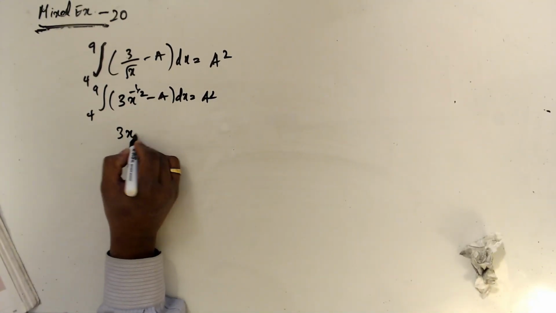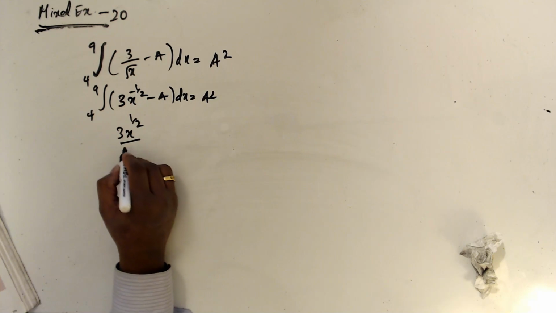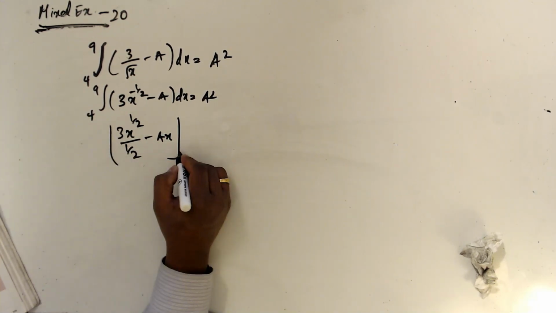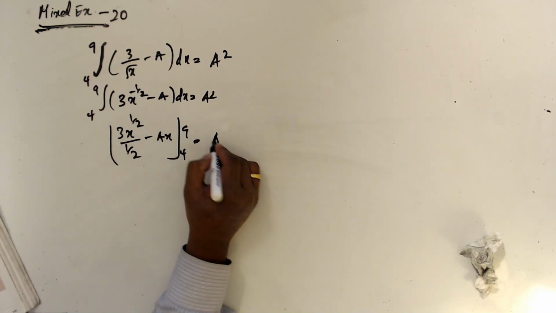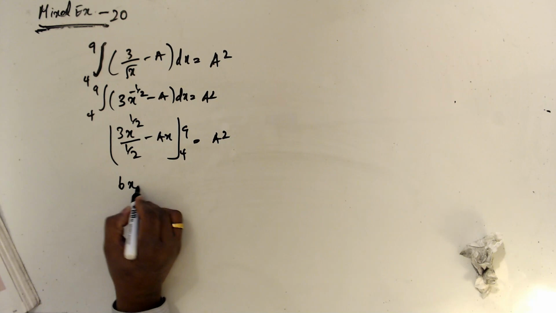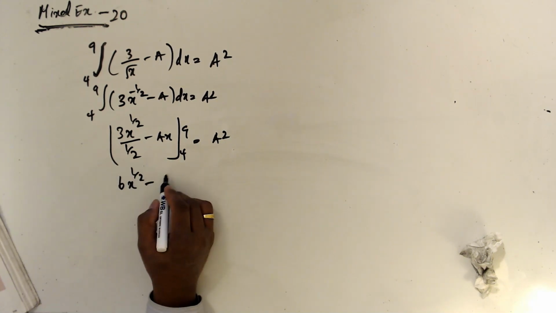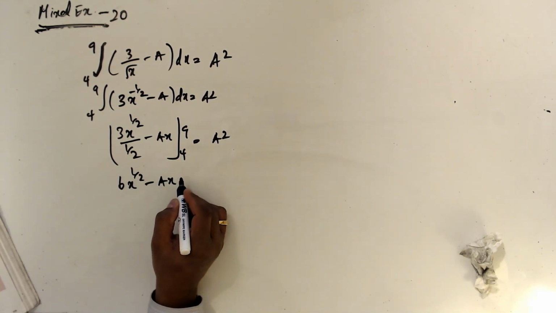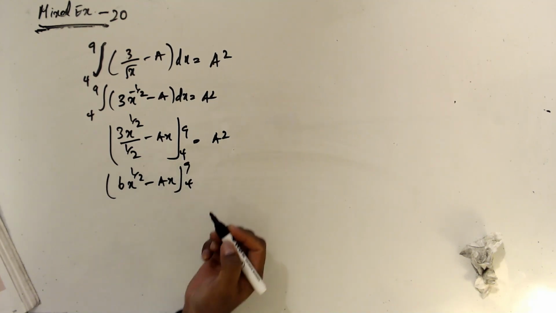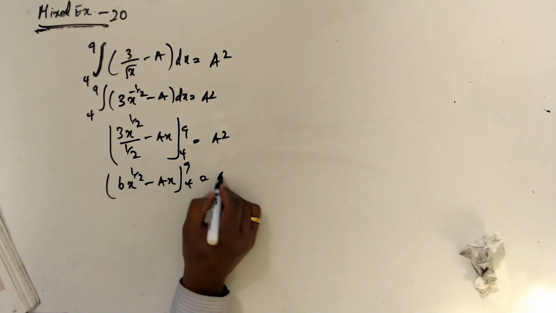So 3x to the power half over half minus ax, from 4 to 9, equals a square. So this is going to be 6x to the power half minus ax, from 9 to 4, equals a square.